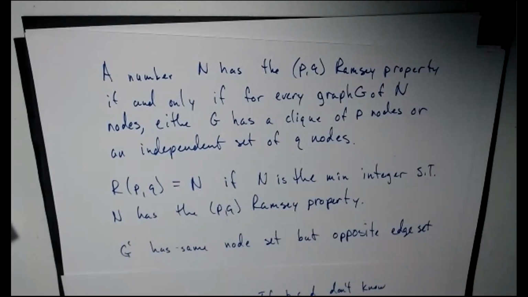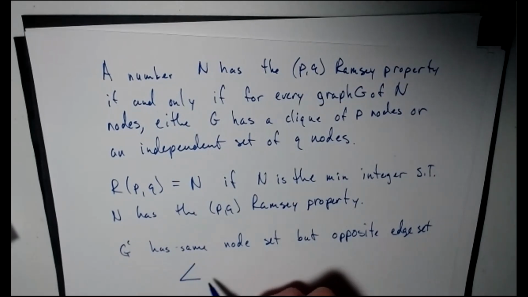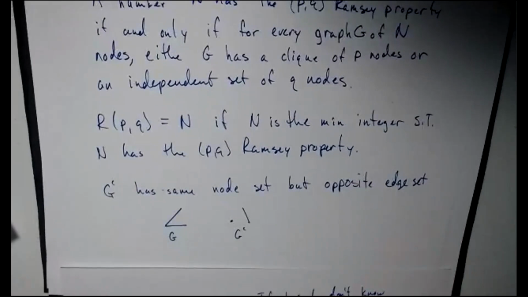So any edge that is in G is not in G complement, and any edge that is not in G must be in G complement. So if we have that 3 vertex graph, then that would be G complement, for instance.